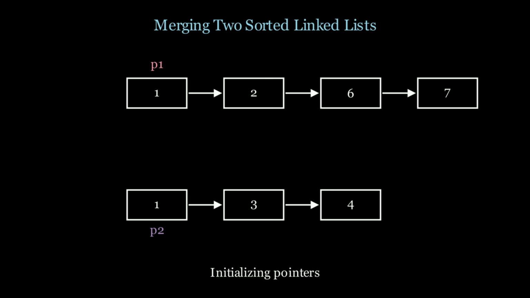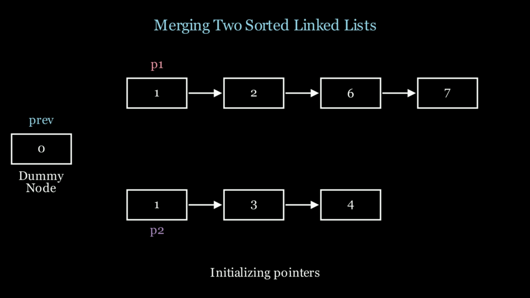So let's add a previous pointer, and I'm going to create a new dummy node. The value doesn't matter. In this case, it's just 0. And I'm going to initialize previous to that dummy node. Having a dummy node makes the traversal much easier, especially in the coding implementation, but you'll see more of this a bit later.